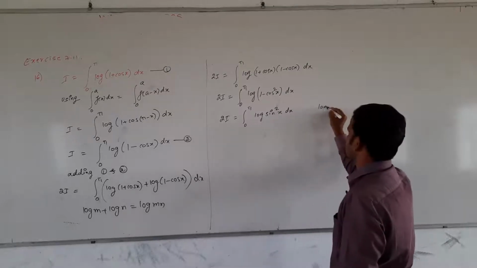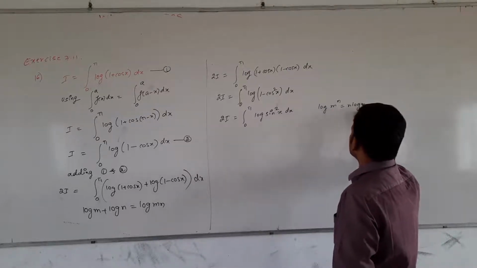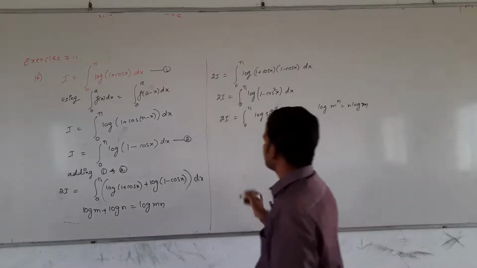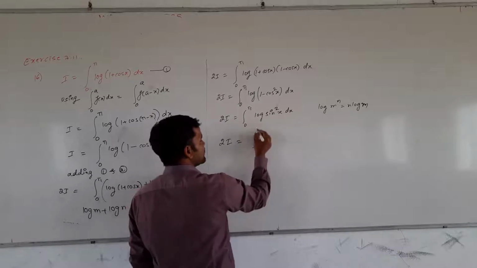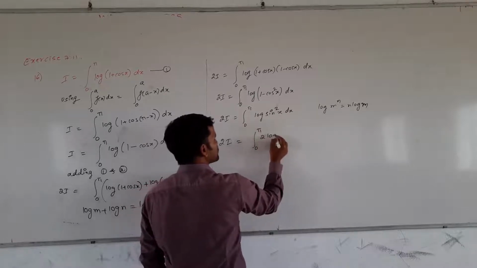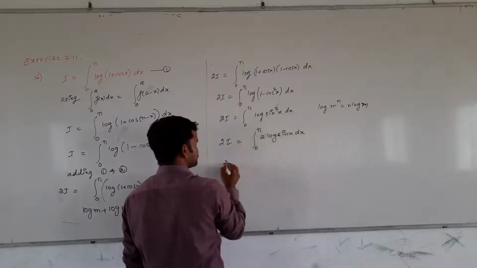Log of sin square is in the form of log of m raised to n. It is n into log m according to the formula. We have 2I is equal to integrating from 0 to pi 2 times log of sin x into dx.